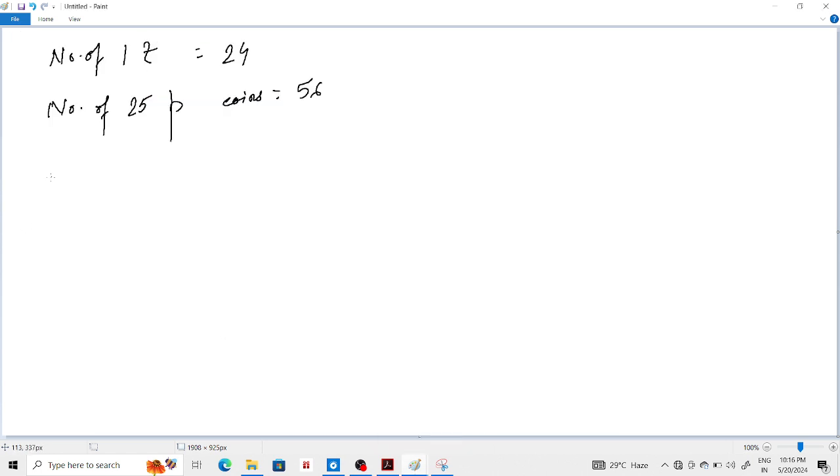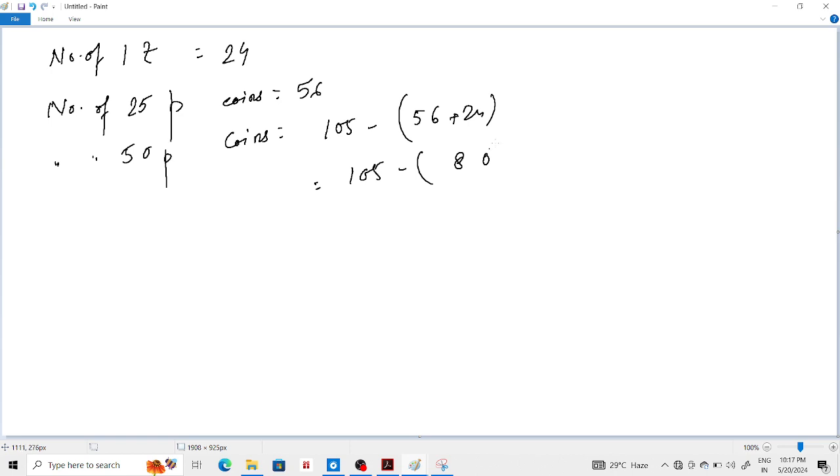So number of 50 paise coins can be 105 minus 56 plus 24, which is going to give me 25. So number of 50 paise coins is 25.